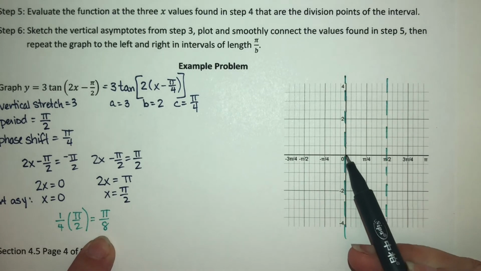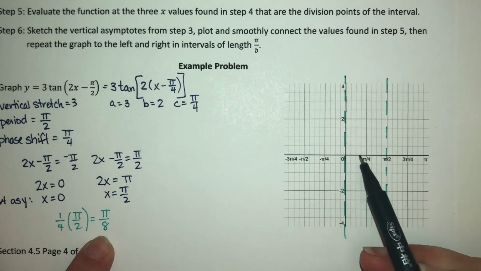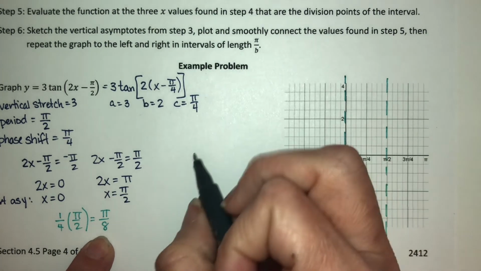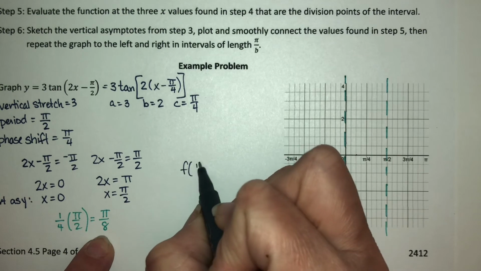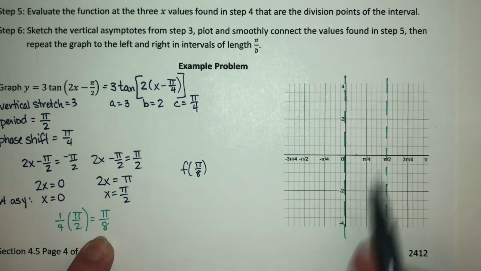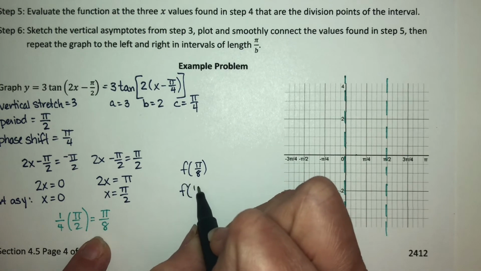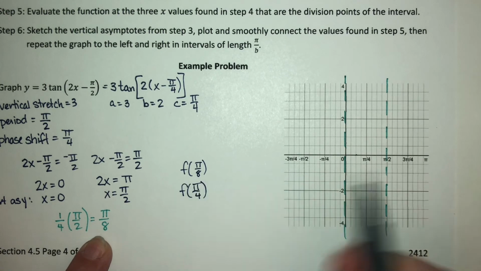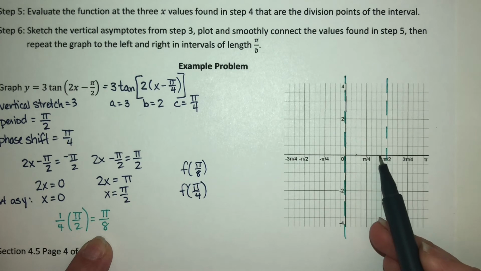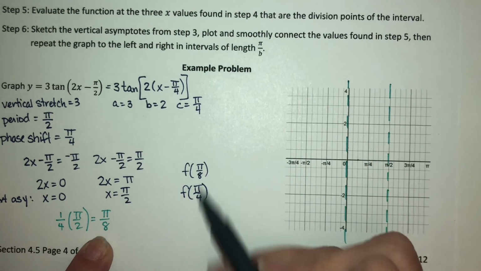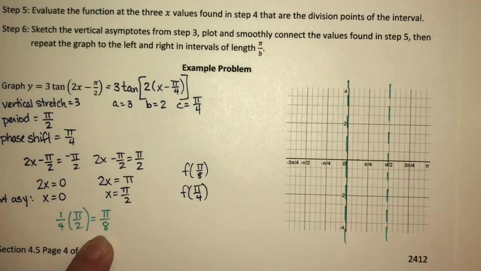So I have here 0, and if I go over pi over 8, I'm going to find f of pi over 8. I'm going to find f of pi over 4, because that's pi over 8 further on. And then what's next? If I add pi over 8 again, I get 3 pi over 8.